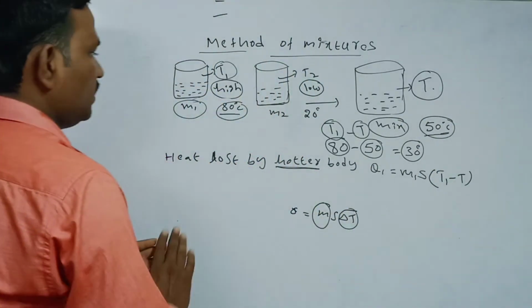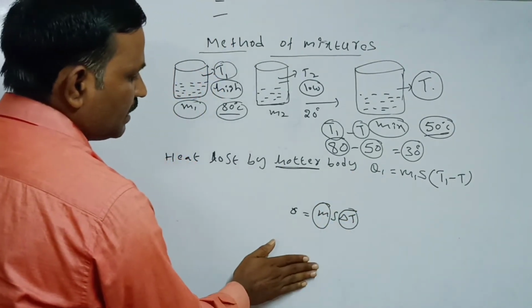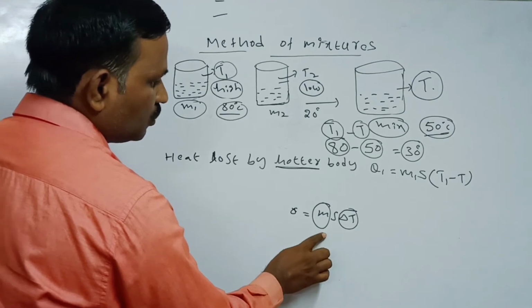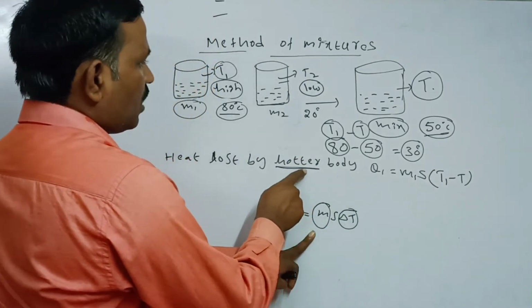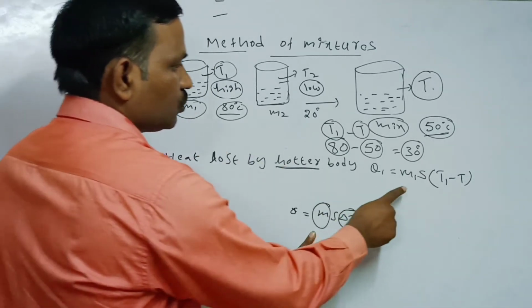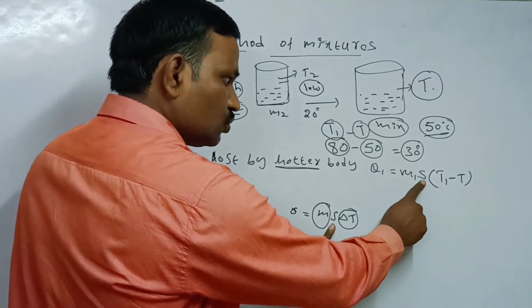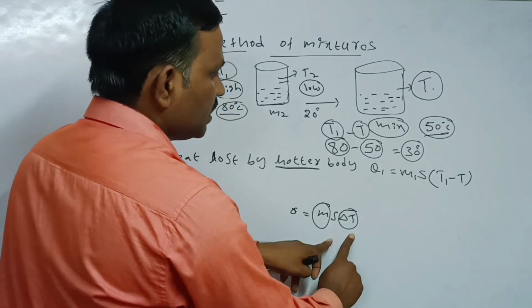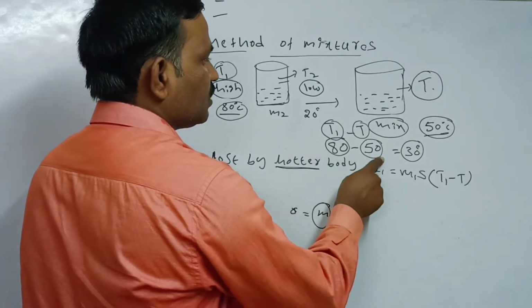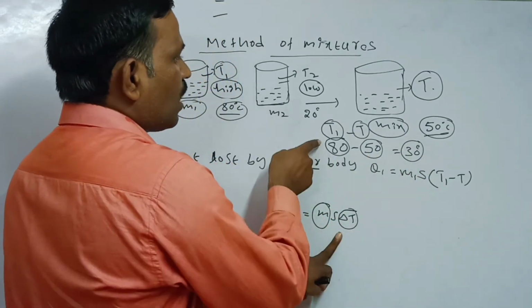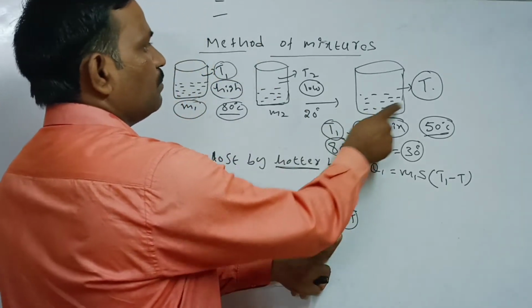Once again, heat lost by hotter body Q1 is equal to, using Q is equal to m s delta T. Here m means mass; the mass of hotter body is M1, and the specific heat of water is S only. Change in temperature: 80 minus 50 is 30. 80 is the hotter body temperature and 50 is the mixture temperature.